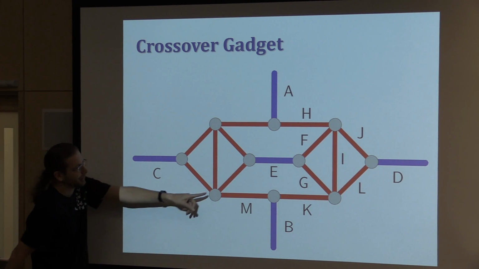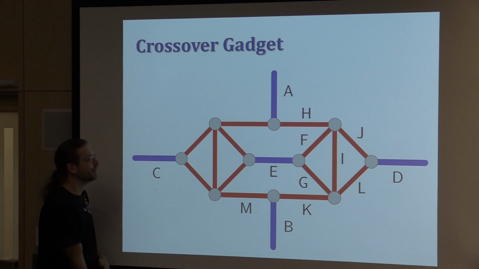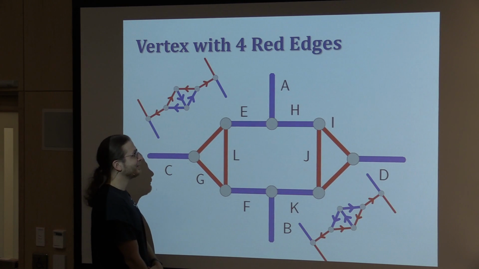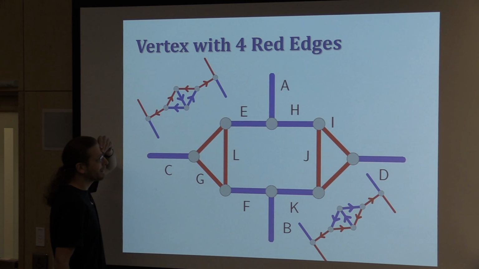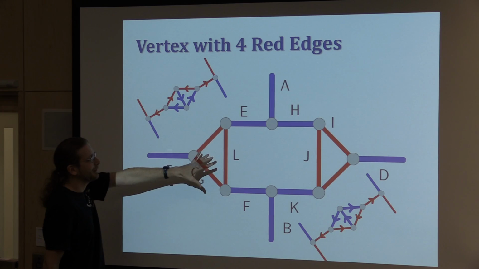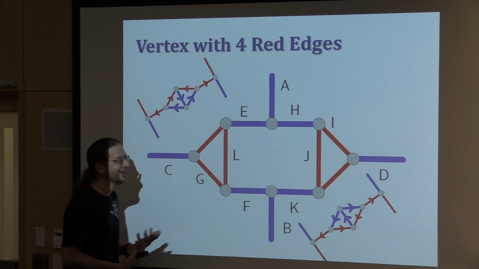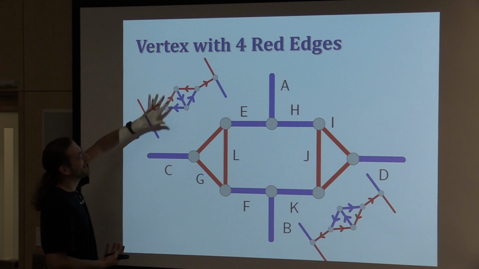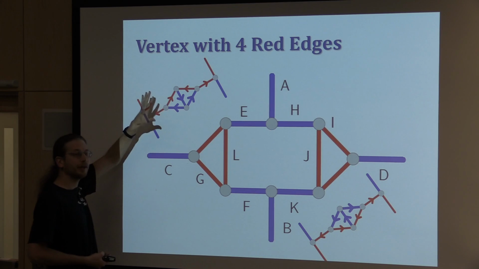Except we have degree 4 red, red, red, red vertices. So we need one more gadget, which is this one. This essentially simulates, of course, the edges here are blue. That's why I've drawn it off to the side. Now here we have to be a little careful because we need that the red-blue transitions do not introduce crossings.